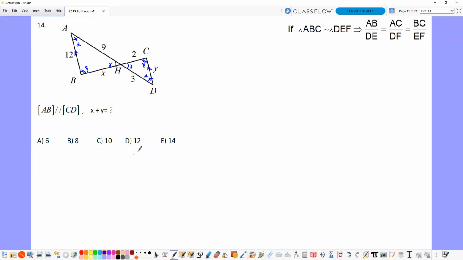The third angles should be equal to each other because the sum of the interior angles is equal, or here they are also vertically opposite angles. With respect to that, if two triangles are similar, I have written the similarity ratio here, AB over DC. If triangle ABC is similar to DEF, we write the first two up here and the first two down.